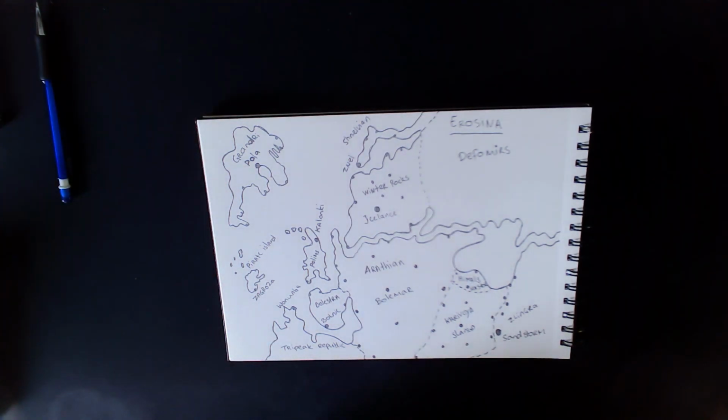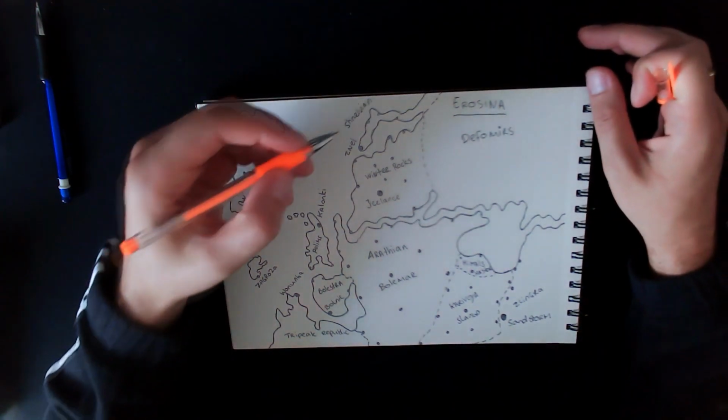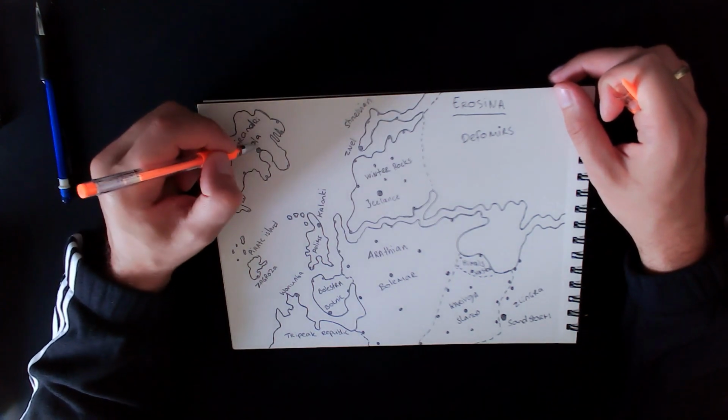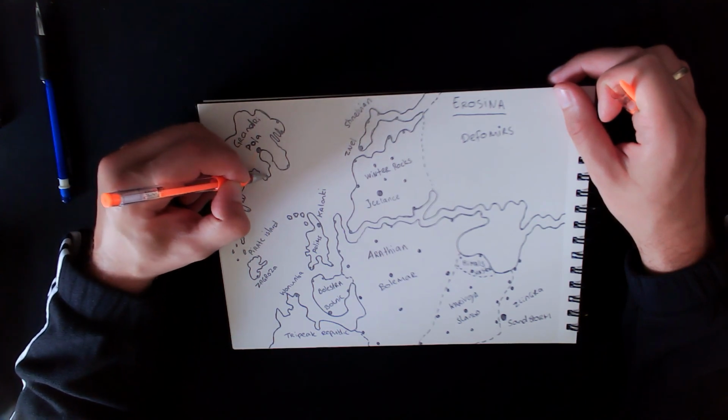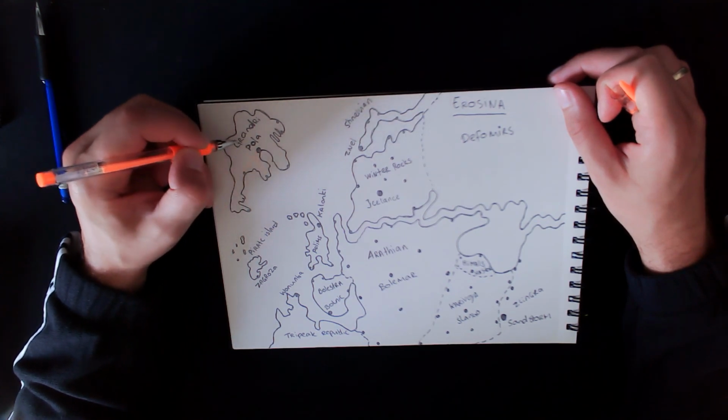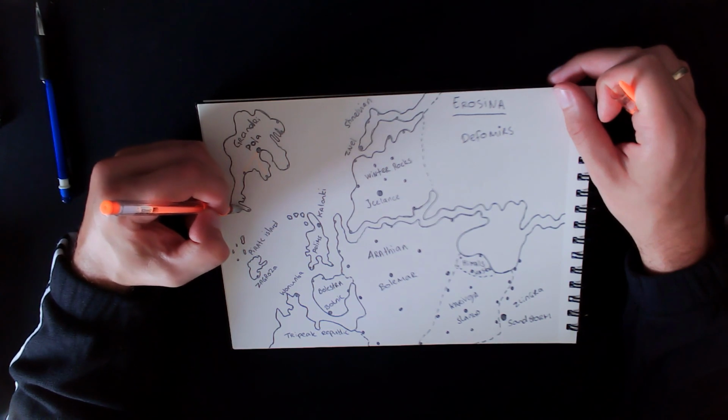Now, let's make some roads from town to town. From Pola it is mostly by water, but of course there are roads leading to other towns.